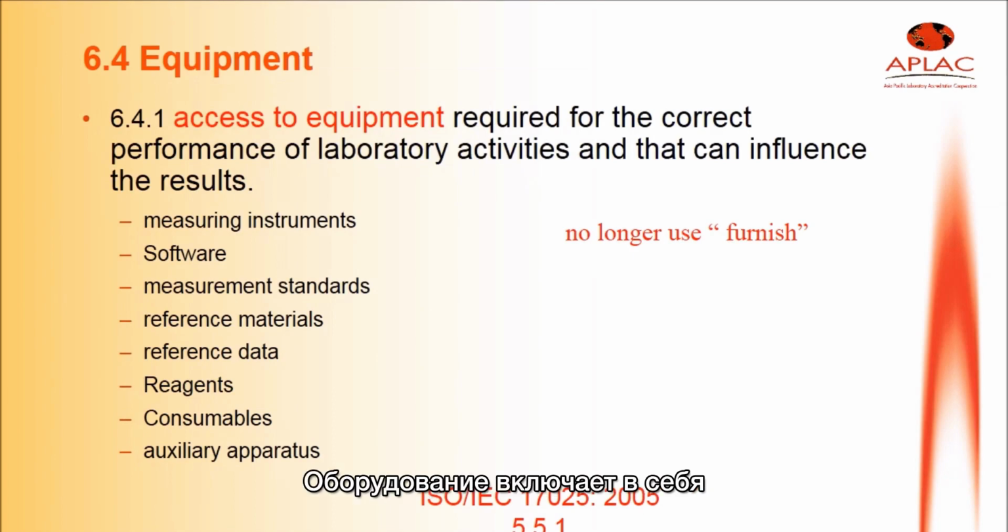The equipment includes not only traditional measurement instruments and measurement standards, but also covers software, reference material, reference data, reagents, consumables, and other auxiliary apparatus. So it's a big concept.